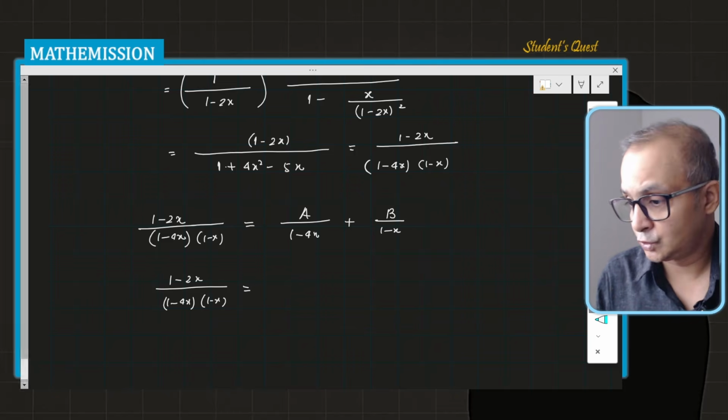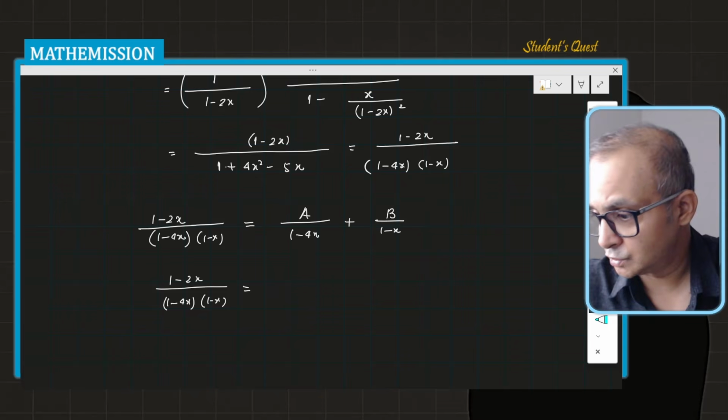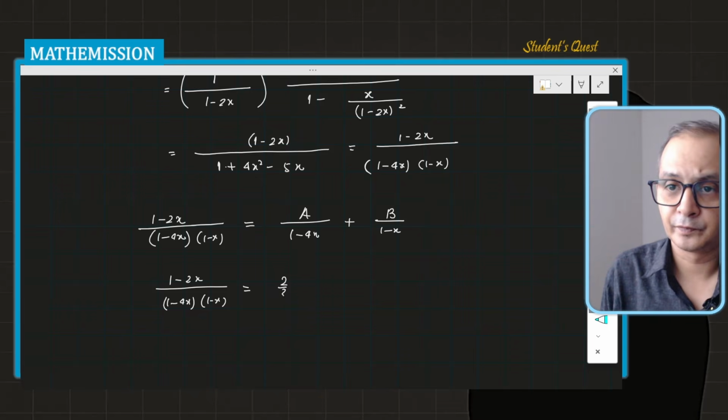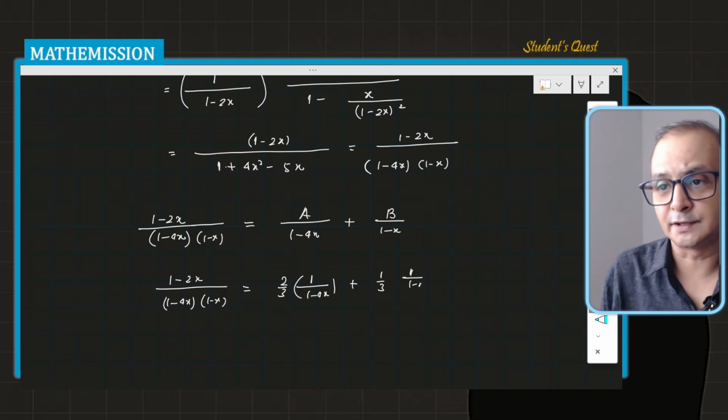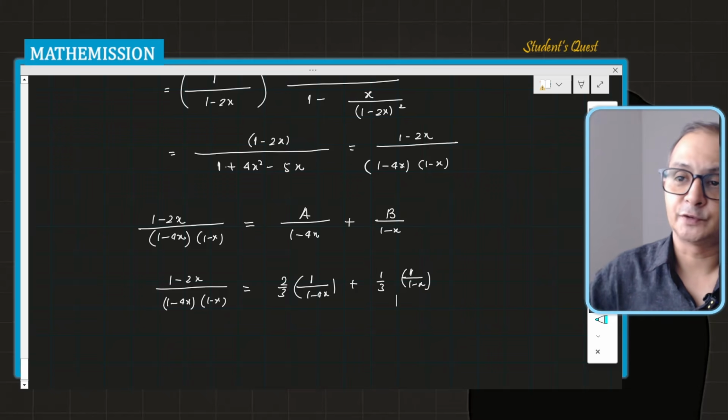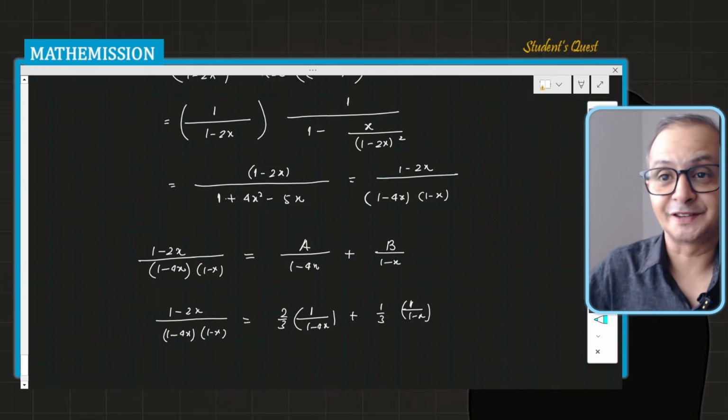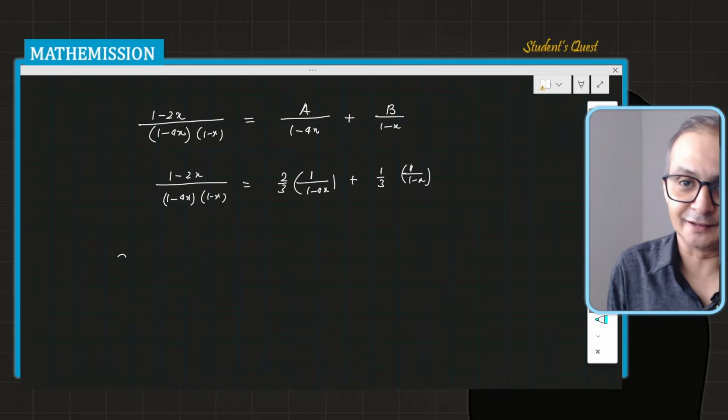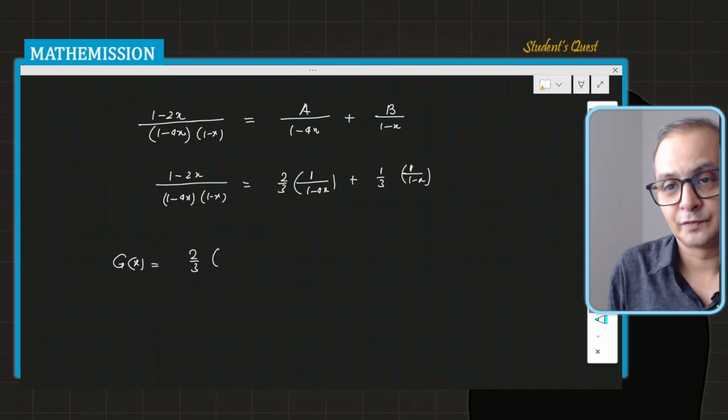This is going to be 2/3 into 1 by 1 minus 4x, and then plus 1/3 into 1 by 1 minus x. Now if you ask where we got the n and all those things, the gx I got here is 2/3 into 1 by 1 minus 4x and 1/3 into 1 by 1 minus x.